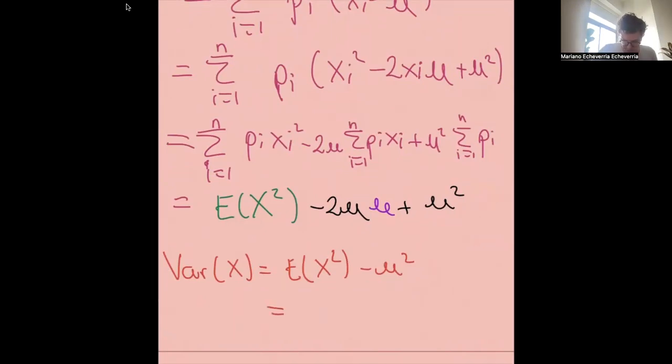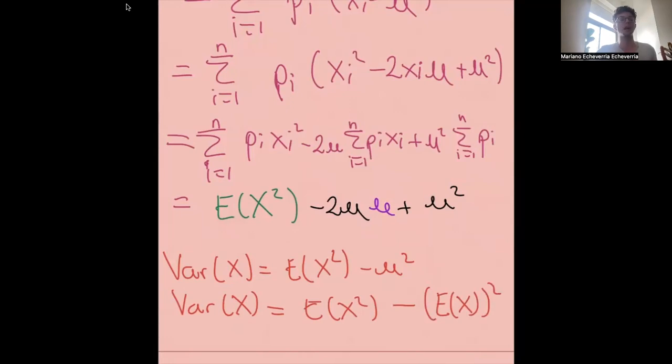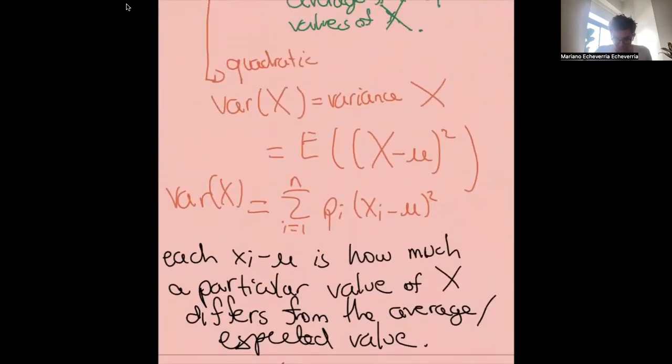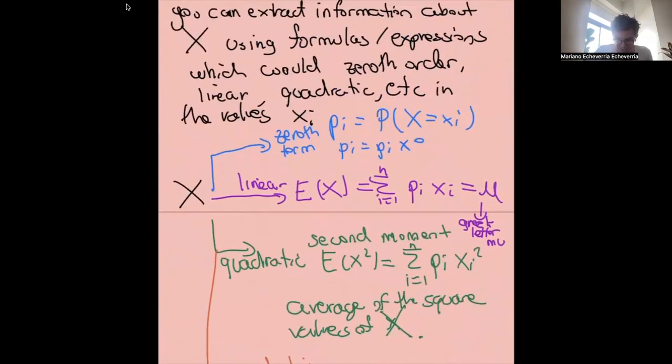Or the variance of x is the second moment minus the square of the expected value, which sometimes is called the first moment.